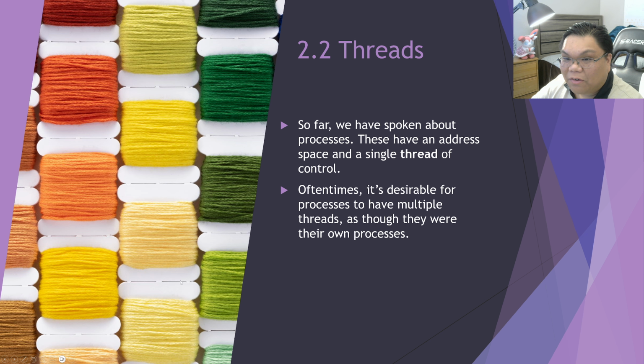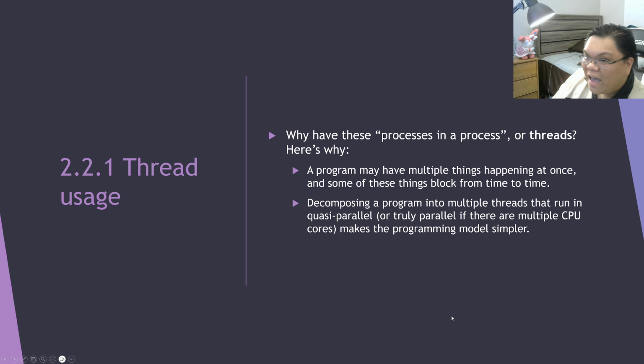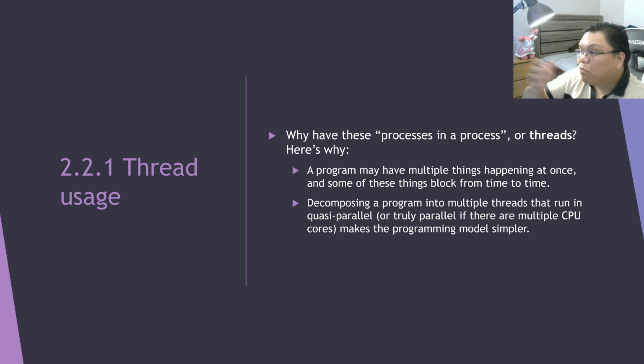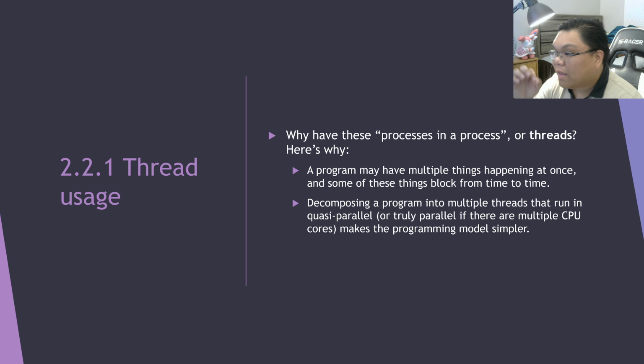But anyway, why threads? Why have threads? These threads, you can think of them as processes within processes. But why have processes in processes? Well, here's why. A program may have multiple things happening at once, and some of these things may block from time to time.